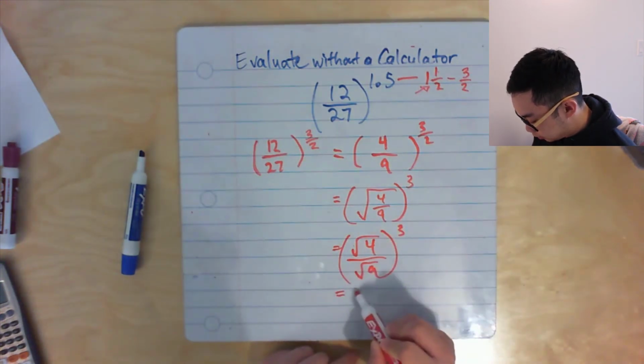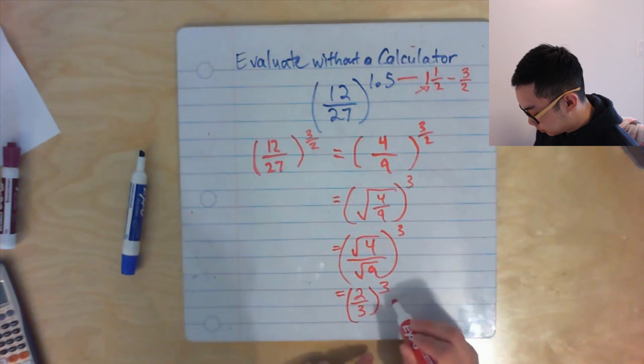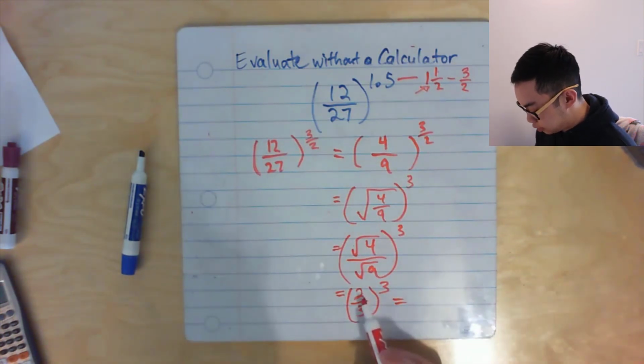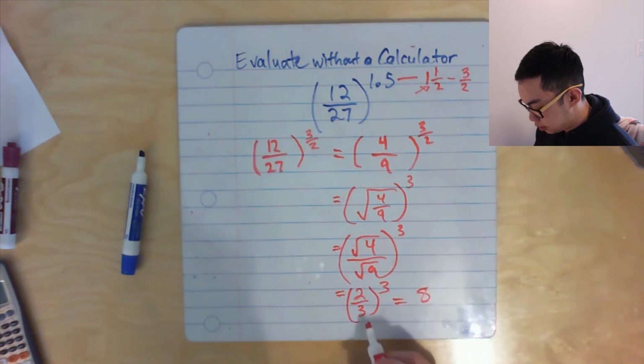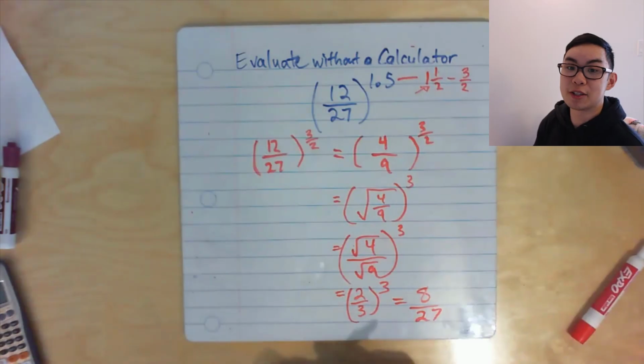This is going to get me 2/3 to the power of 3. And so I'm just going to evaluate this now. I'm going to do 2 cubed, which is 8, and 3 cubed, which is 27. And that's my final answer.